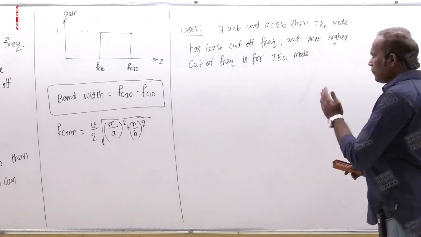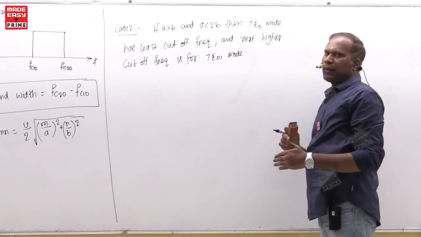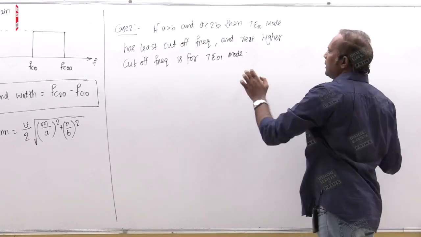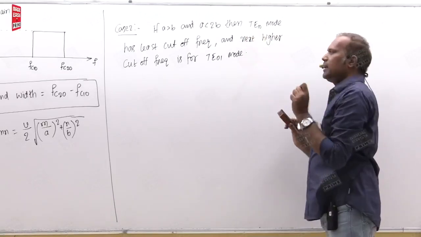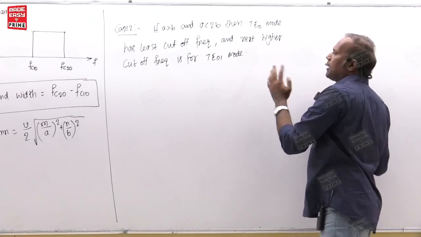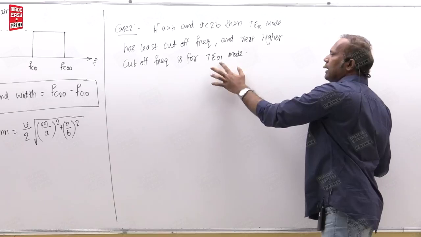So for this case, if you calculate the cutoff frequencies, least cutoff frequency comes for TE10, that is FC10 frequency. Then next higher cutoff frequency is FC01, that is for TE01 mode.